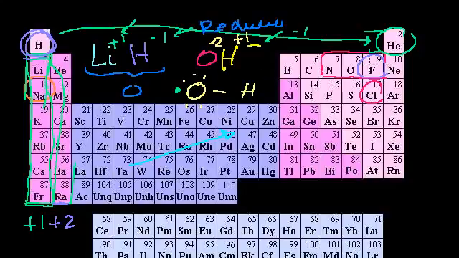Now, what about our halogens? Well, they all like to take electrons, so their typical oxidation state is -1. Oxygen's typical oxidation state, we just saw, is -2. And I'll show you an example of one of the few cases where oxygen doesn't have a -2 oxidation state.